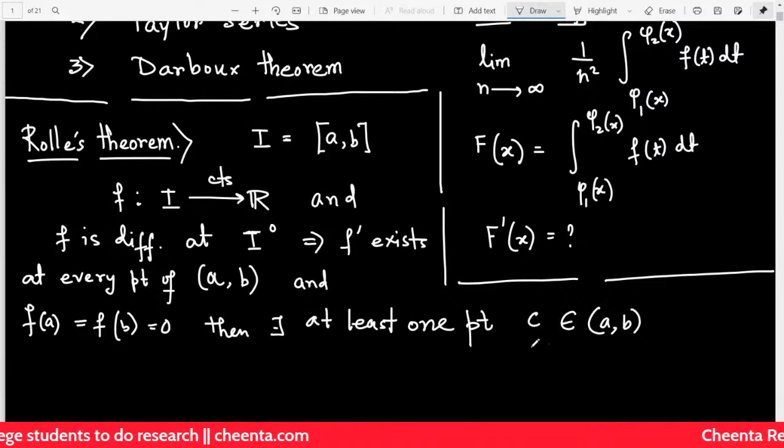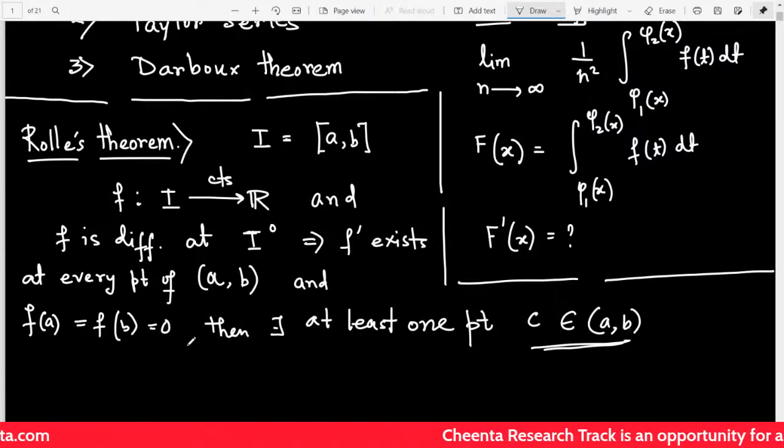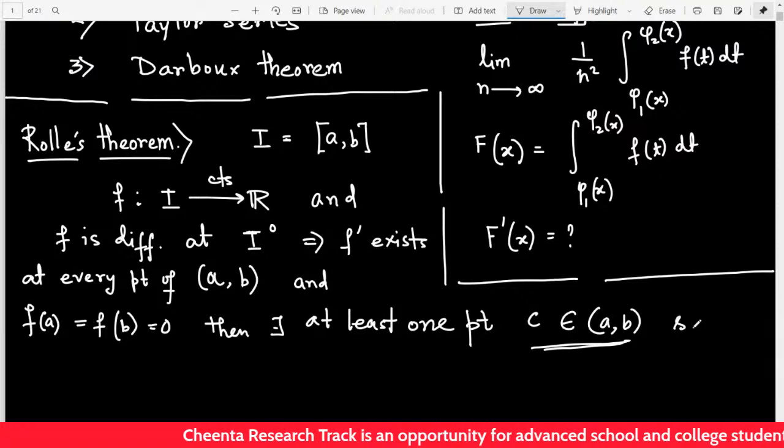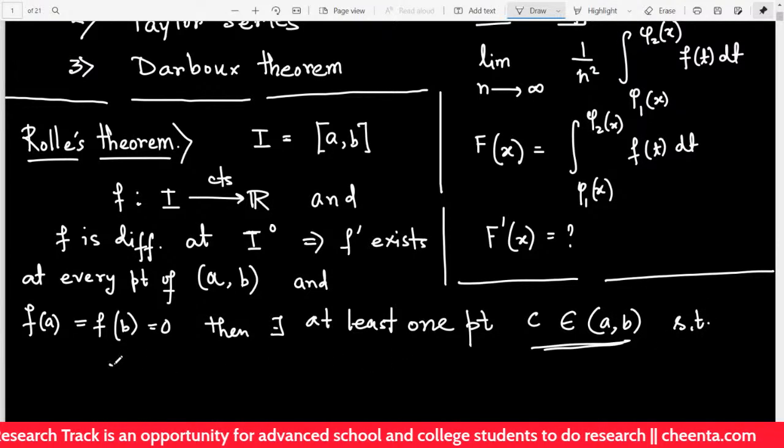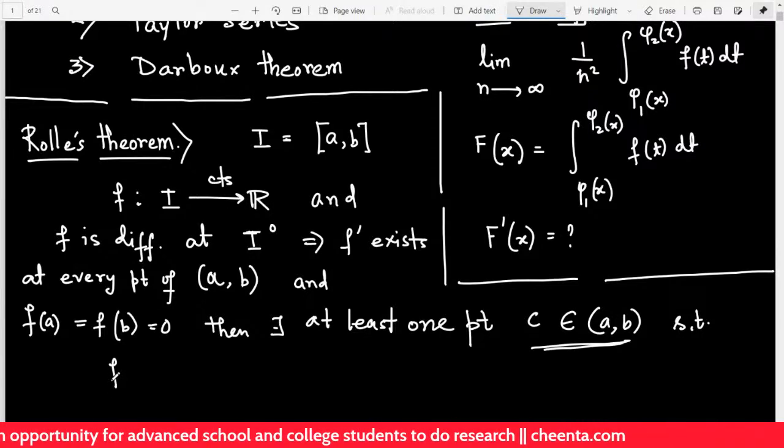This is important actually: we are not taking the endpoints because we have already taken the endpoints to be equal to 0. Such that f prime of c is 0.